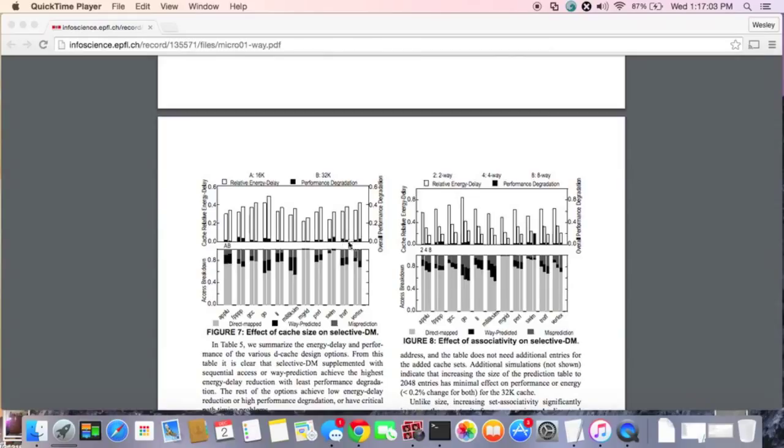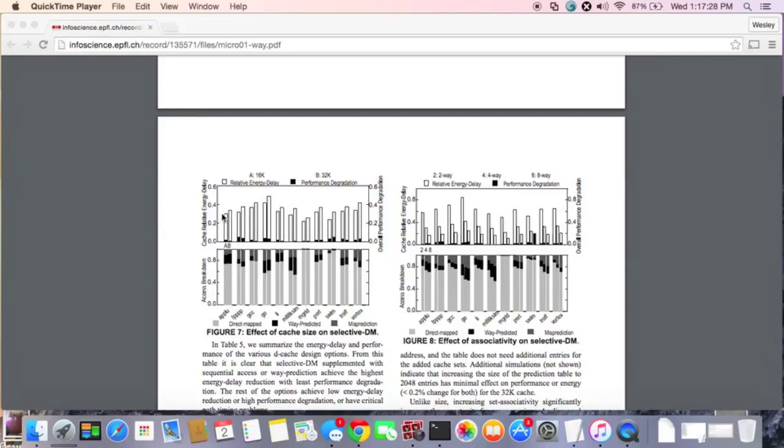All right, some more doubled up graphs, which I hate. A is 16K, B is 32K, so they compared different cache sizes and how much energy delay or energy savings and performance degradation they get with their setup, with the way predicted and selective direct map setup.